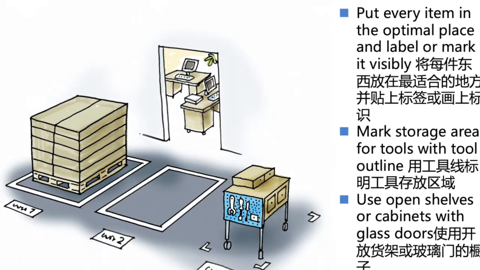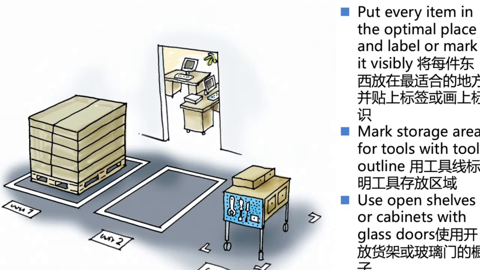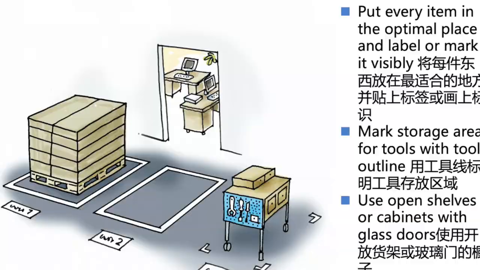All this setting in order should rely on the actual need of the process. For example, we mark the shelves and mark the tools so everybody can easily find what they want. So we don't waste our time looking for something that will be used.